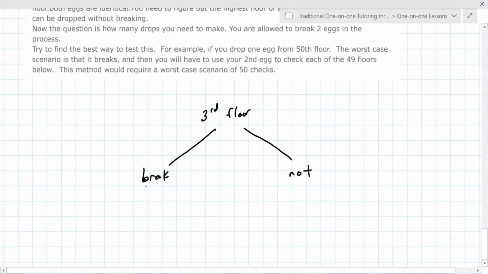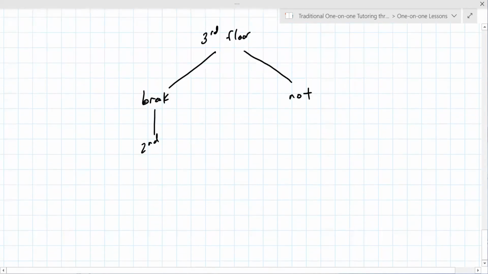So if it breaks, let's go down that road. You have 1 more egg, so you could drop it from the 2nd floor, and two things could happen. It could either break or not.